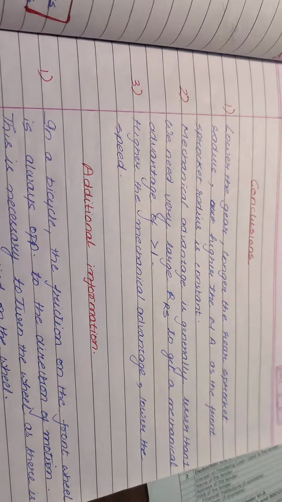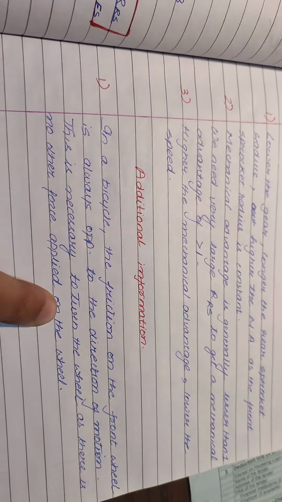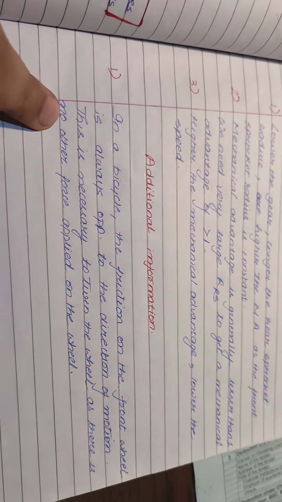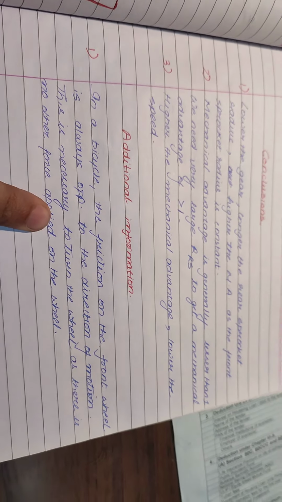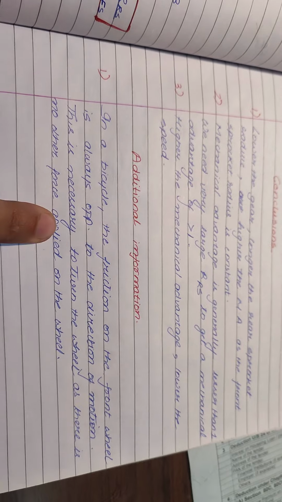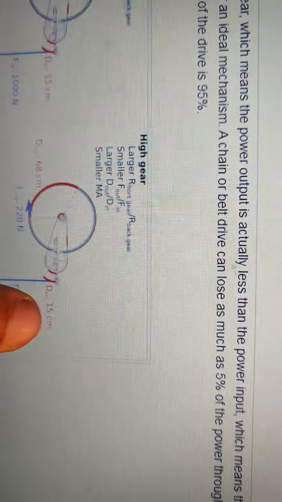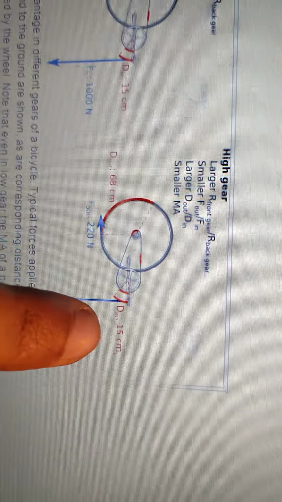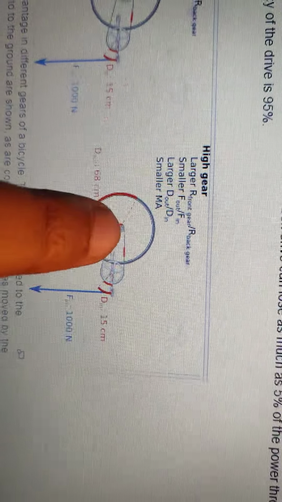Okay, now some additional information. If you are riding a bicycle, the friction on the front wheel is always opposite to the direction of motion, and that is because the front wheel, this is our front wheel, I hope it is visible, this front wheel is not connected to anything. The reason that it is moving is because of friction.